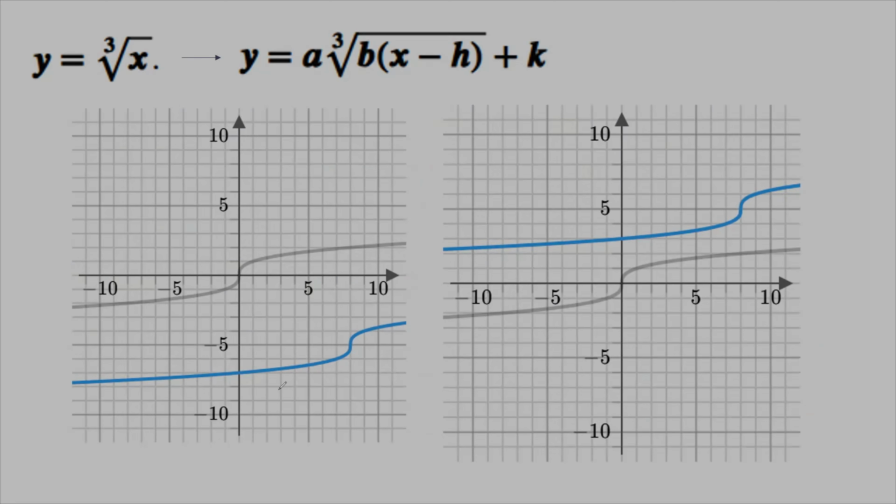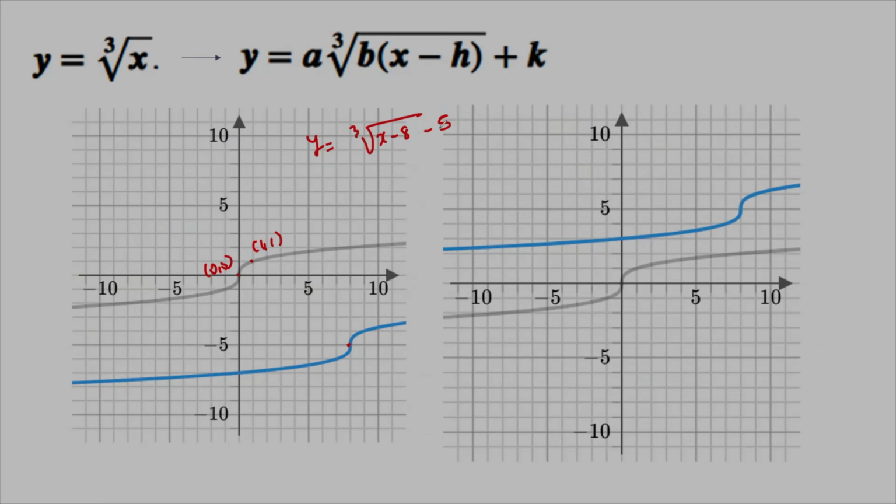Now here also, if you look at this point, this is 1 comma 1 and this is 0 comma 0. Okay, now this center is shifted 8 units to the right and 5 units down. So the function would be y equals cube root of x minus 8, and then 5 units down, so negative 5.